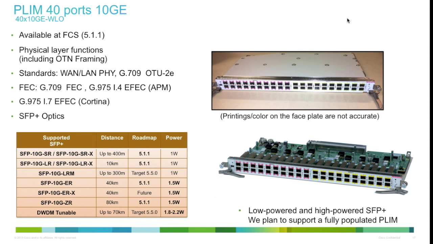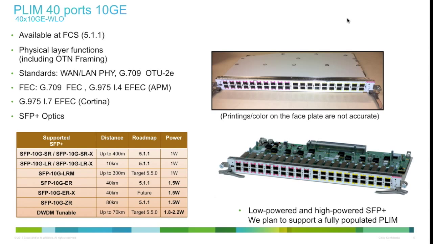So this card is available in iOS XR 5.1.1. That was the first version supporting the CRS-10. And as we said before, we will have the WAN-PHY, LAN-PHY support, but also all the OTN G709 and the different flavors of FEC.